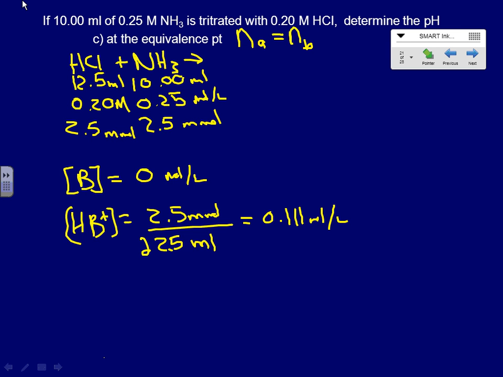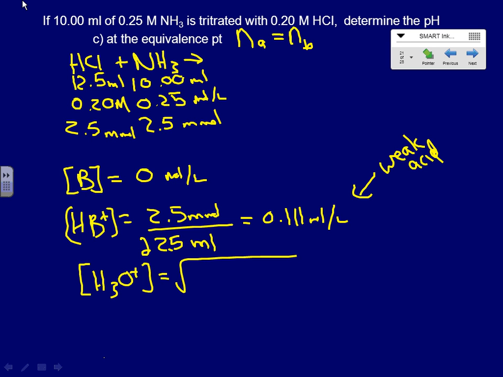So again, notice at the equivalence point, this is all weak acid. I'm going to determine the pH this time using a weak acid equation, Ka, and that's of the conjugate acid. In this case, the acid is our HB+. It's the conjugate acid of our base that we started with.